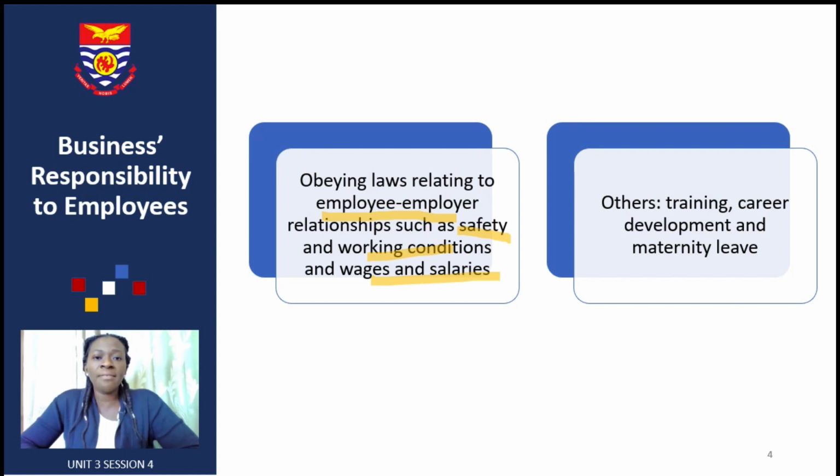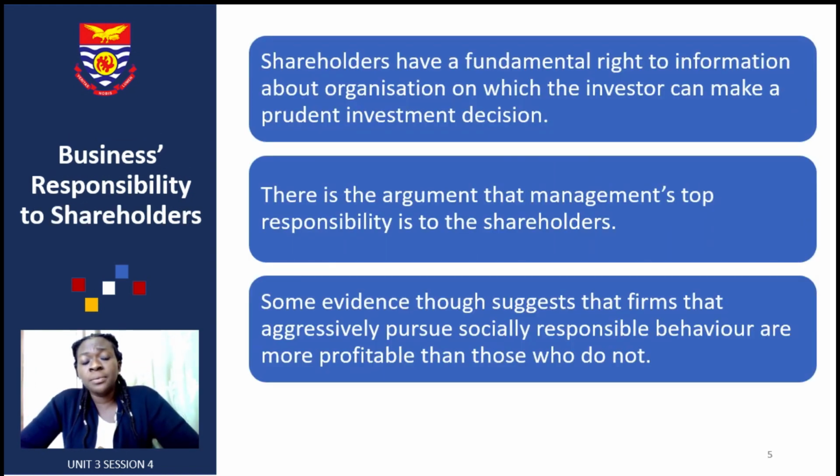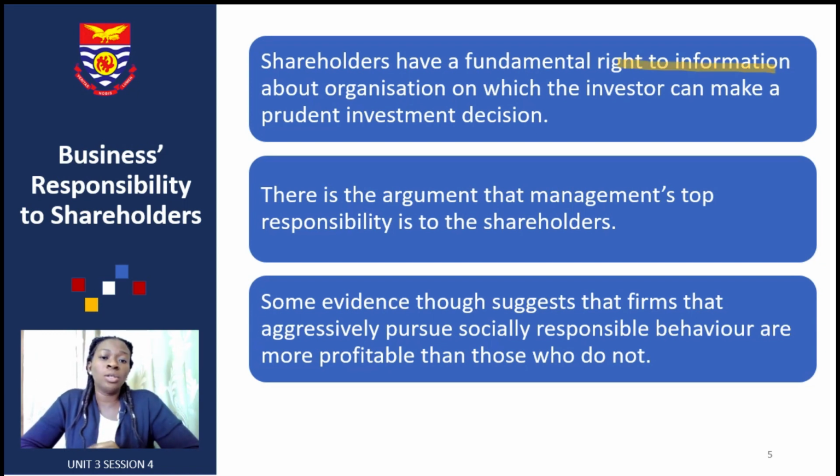We also have the business responsibility to shareholders. Shareholders are the people who have invested their money into the companies you are running as a business. They have a fundamental right to information about the organization, with which investors can make prudent investment decisions.